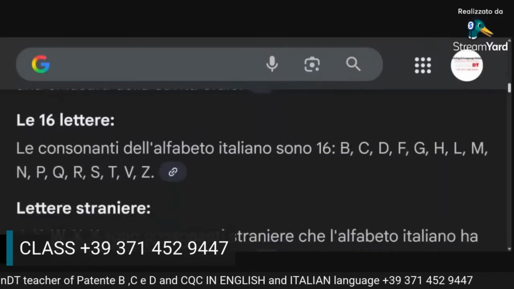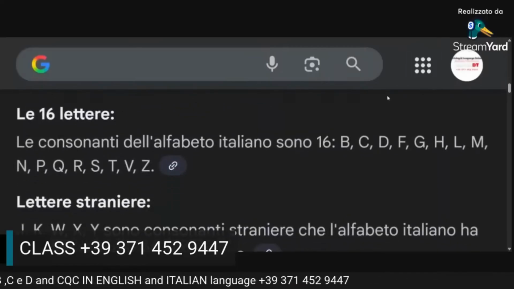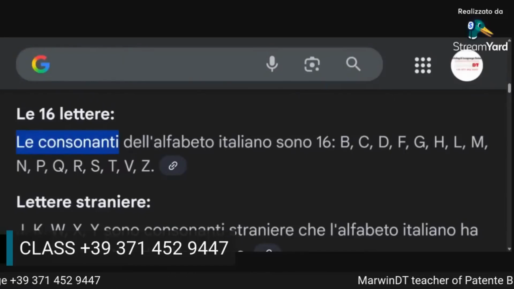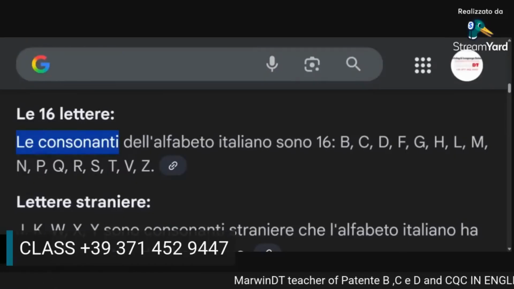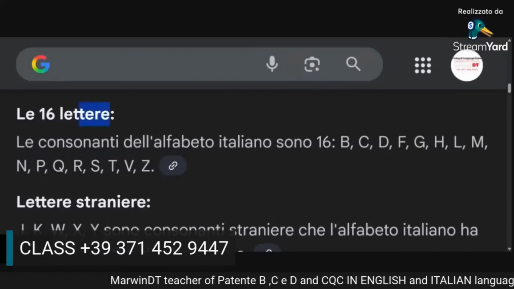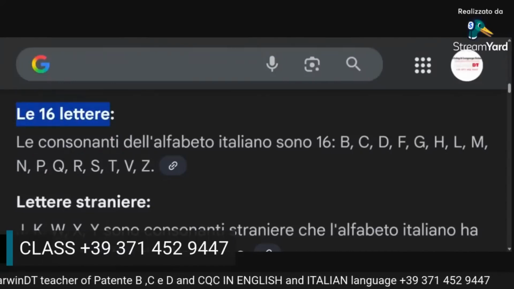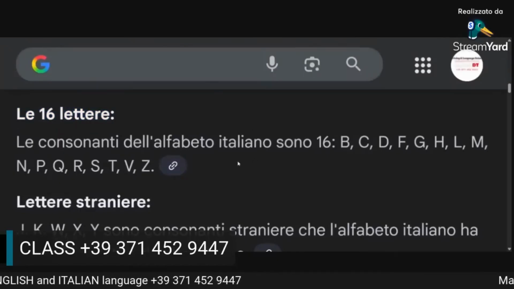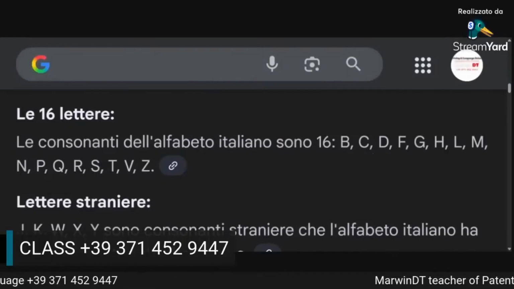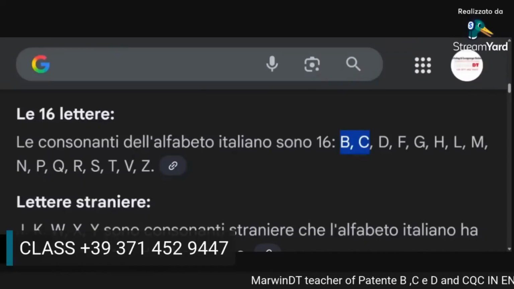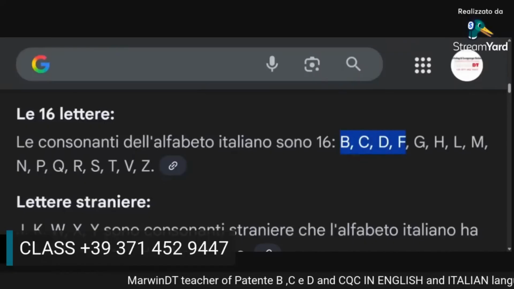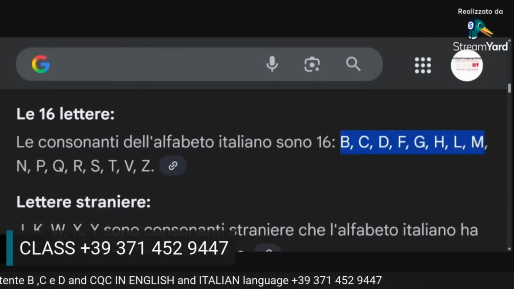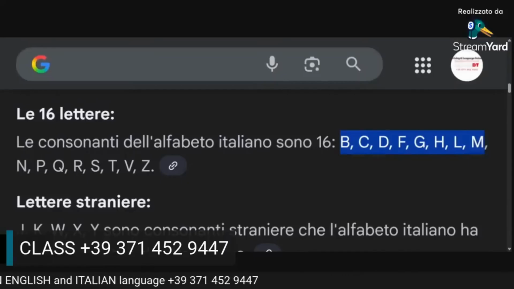Then we are going to also look at consonanti. So in Italian language, we have 16 consonants. 16 consonanti in the alphabet. So the first consonante is B. Then we have the C, D, F, G, H, L, M. Okay?